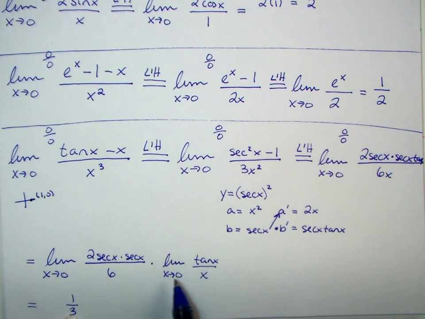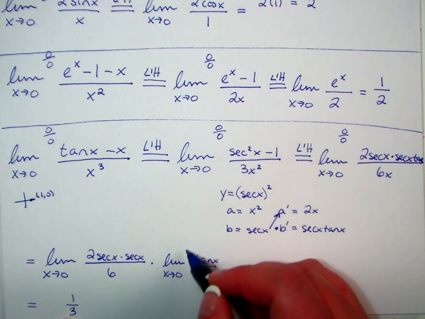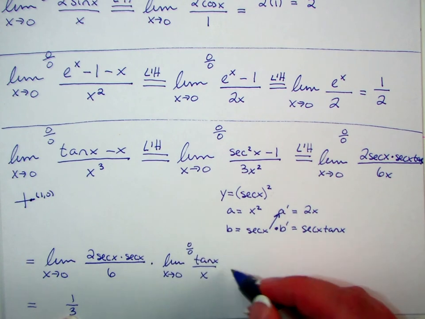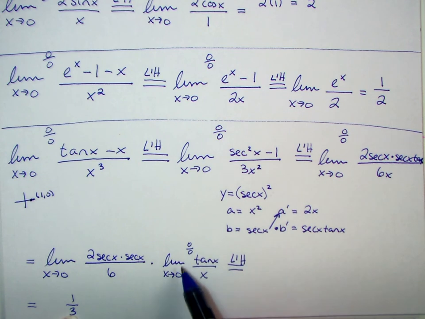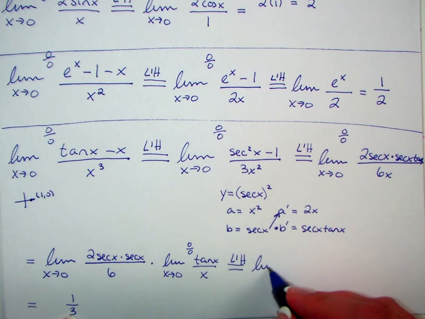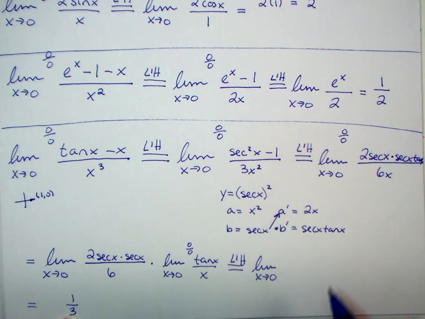For this limit, we're going to get 0 over 0, which I need to evaluate using L'Hopital's rule. So we're just using L'Hopital's rule to evaluate the second limit. I'm going to do the limit as x approaches 0, the derivative of tan x, secant squared, over the derivative of x, which is 1. Ooh, we're done because we get this constant down here.